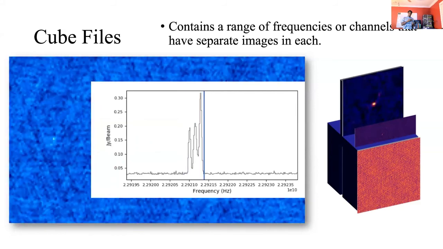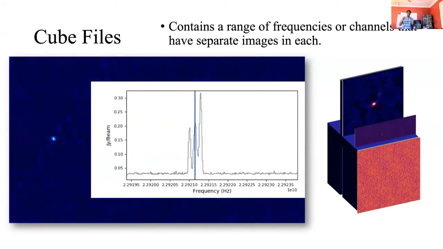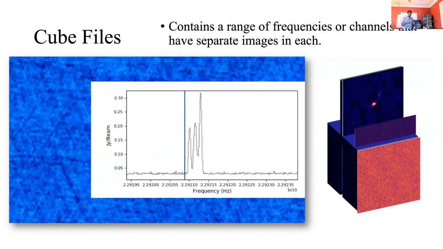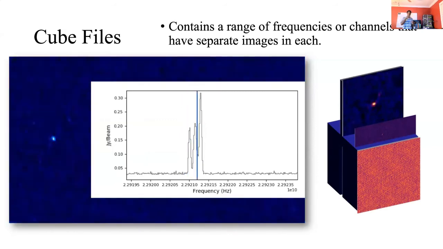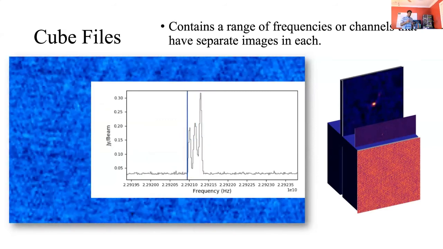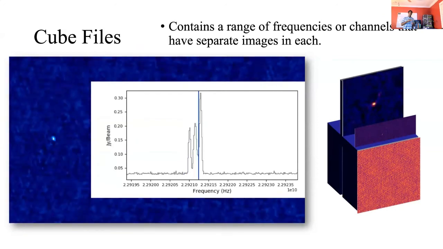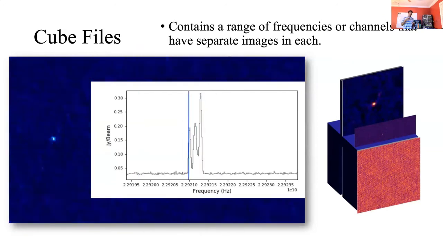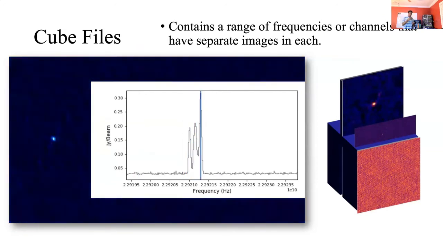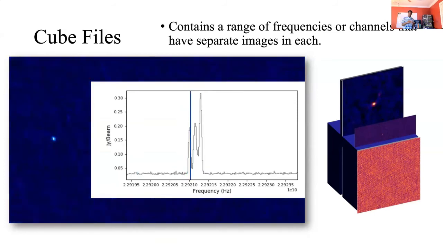So each data set I get is essentially a cube of different frequencies that I can look through and find the ammonia transitions for each maser.